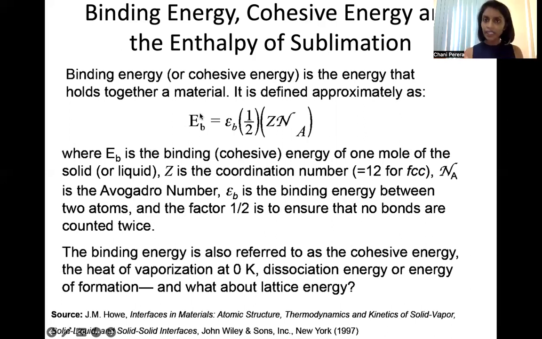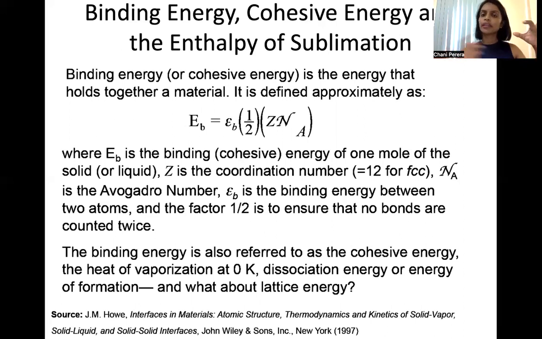To give it as an expression, we use epsilon B. If you remember, that is the well depth in the Lennard-Jones potential. And there's a constant half, and there's Z and Na. Z here is the coordination number. If you take a unit cell, you can calculate the coordination number.